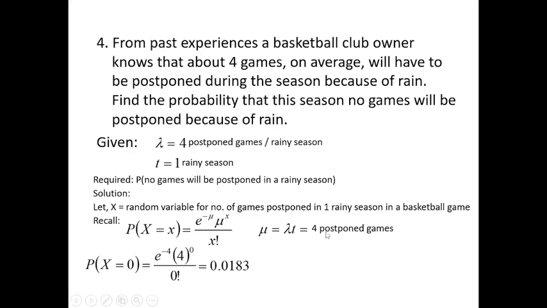So meaning there is a 1.83% chance that there will be no postponed games in that season because of rain. So maliit ang chance na walang mapopostpone na game. Maliit, 1.83%.